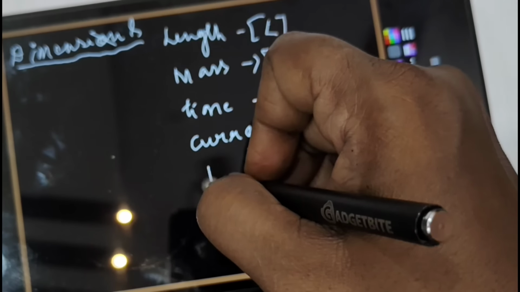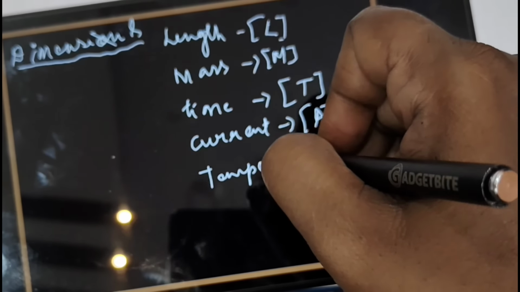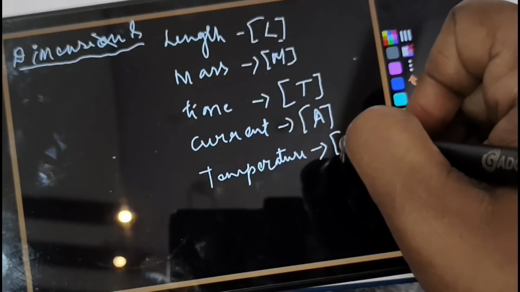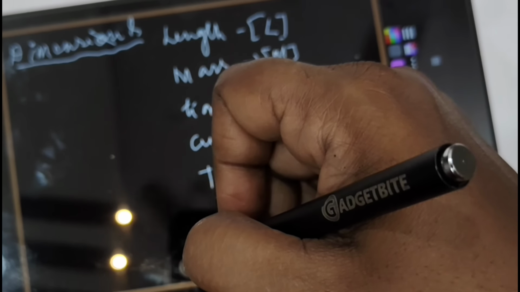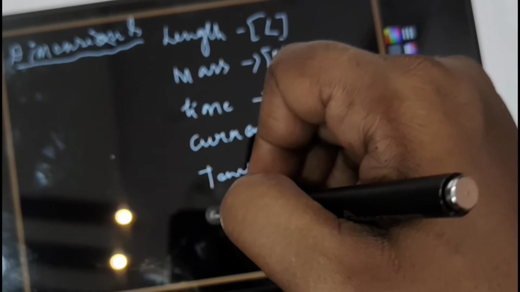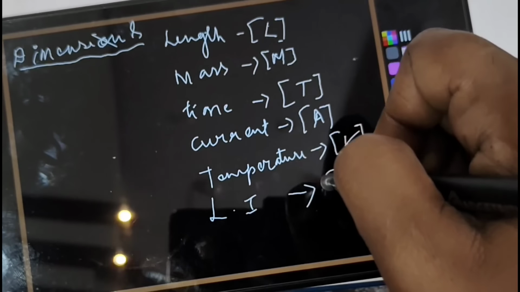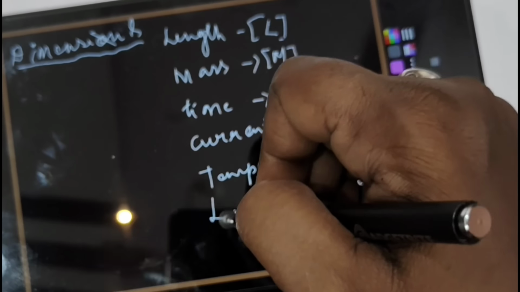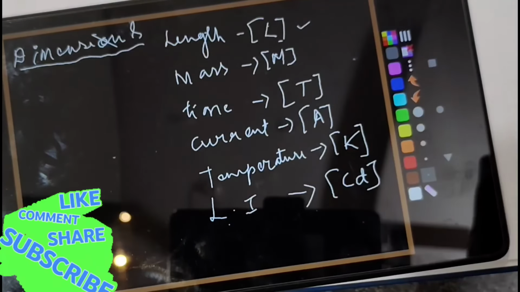Then temperature is taken as Kelvin, capital K. Then luminous intensity, we will take it as CD, because we cannot take L as we have already taken it for length.